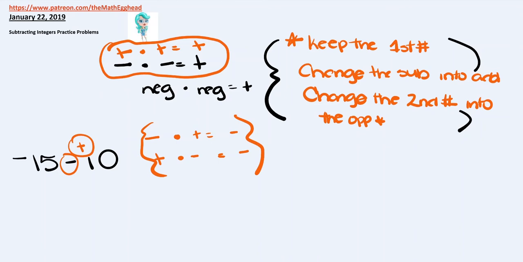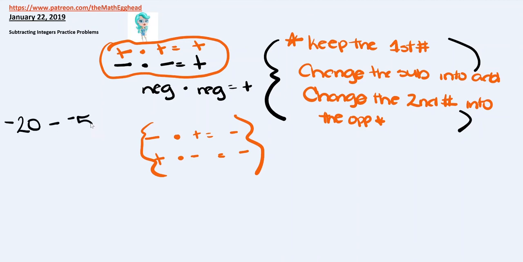Now let's try a couple more because I know that it can be a little confusing here. Let's erase this. I'm going to keep that there. So let's say we had here negative 20 minus negative 5. How would you do that? Okay, well, there's a negative here, and there's a negative here.